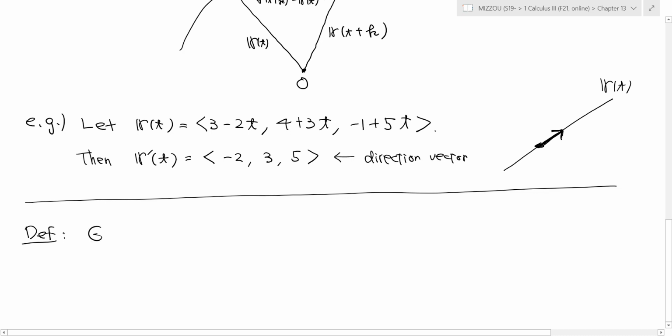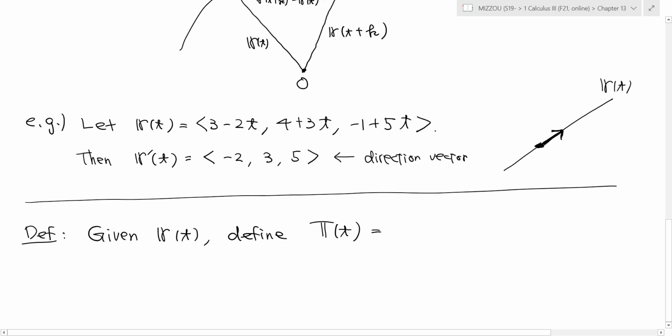Given r of t, we define T of t by the tangent vector which has magnitude 1. That means if you compute the derivative, you get some vector which is tangent to the curve, but this might not be a unit vector. So you want to make it into a unit vector. The technique to make a vector into a unit vector is to divide by its own magnitude.